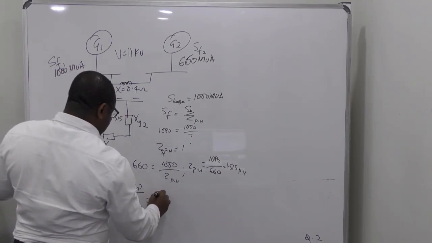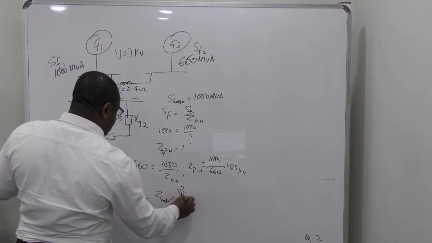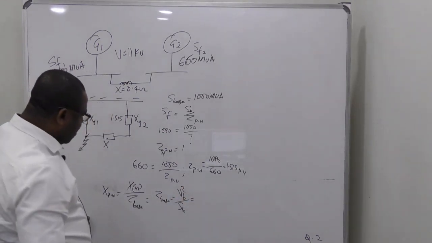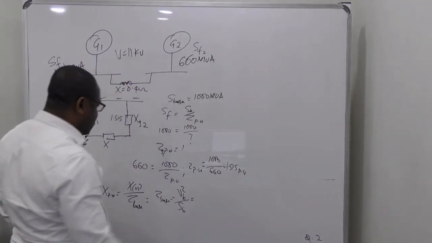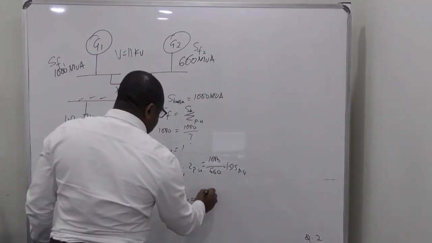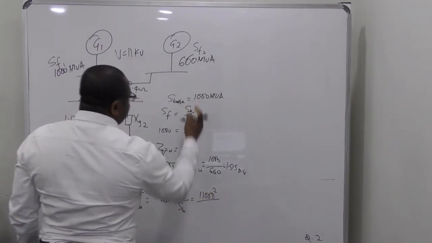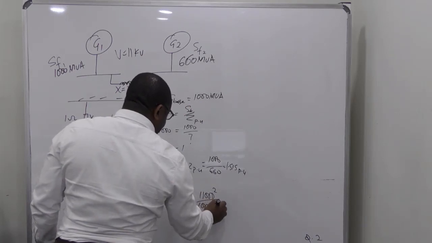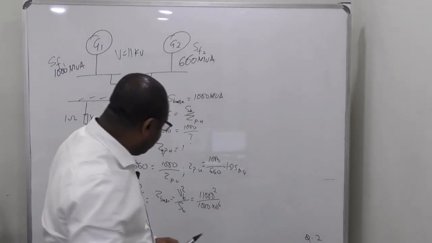Z base is V base squared over S base. What's our V base? It's the rated voltage, which is 11,000 squared. Also, we have chosen S base to be 1,000 times 10 to the power 6. Okay, so let's get that value.